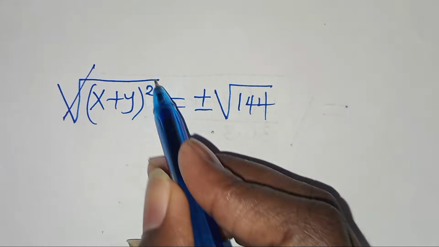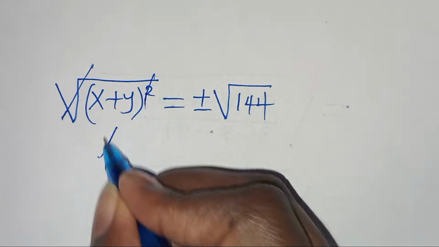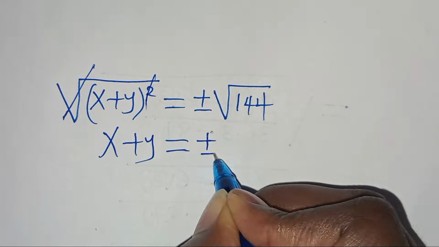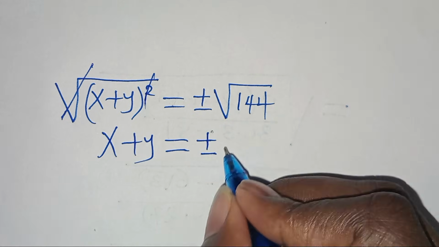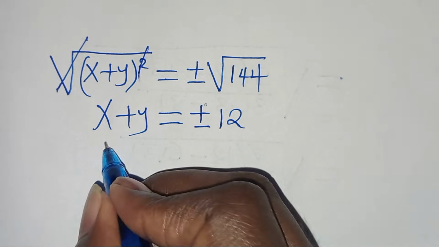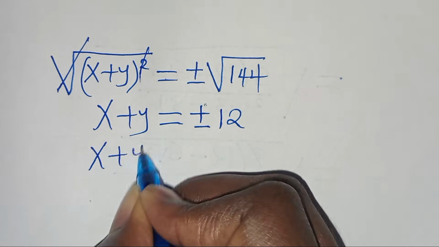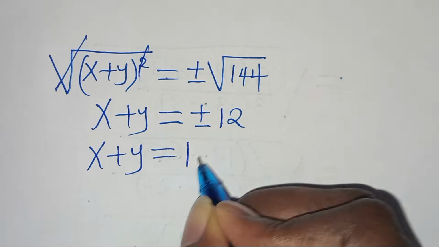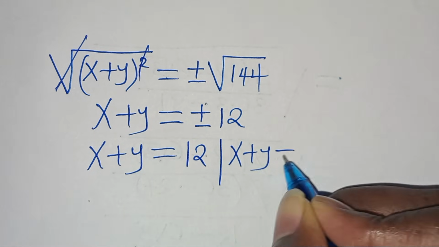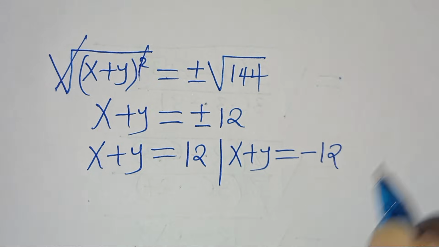This means we can eliminate the square root sign, so that we have x plus y. This is equal to plus or minus the square root of 144, which is 12. So we have the two values of x plus y here. X plus y is equal to 12. And we have that x plus y, this is equal to minus 12.